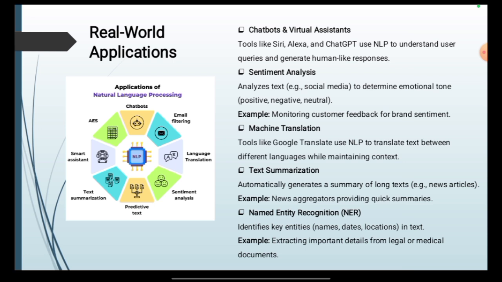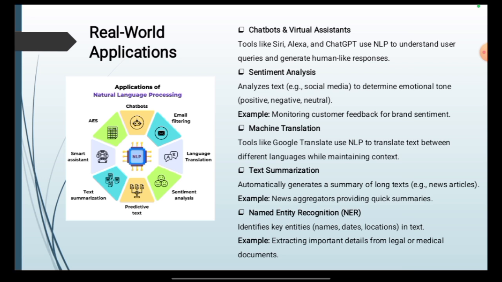So in this slide, we will be learning about real-world applications. We will first go through the details that have been mentioned over here and then discuss it. Chatbots and virtual assistants: tools like Siri, Alexa, and ChatGPT use NLP to understand user queries and generate human-like responses.